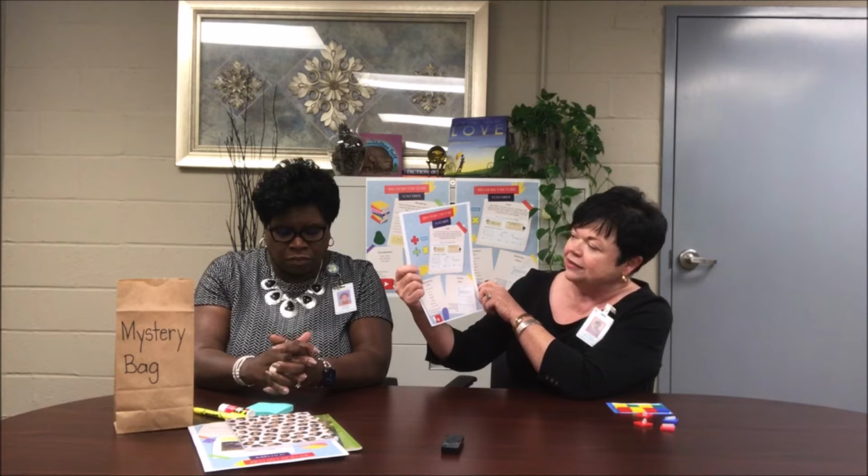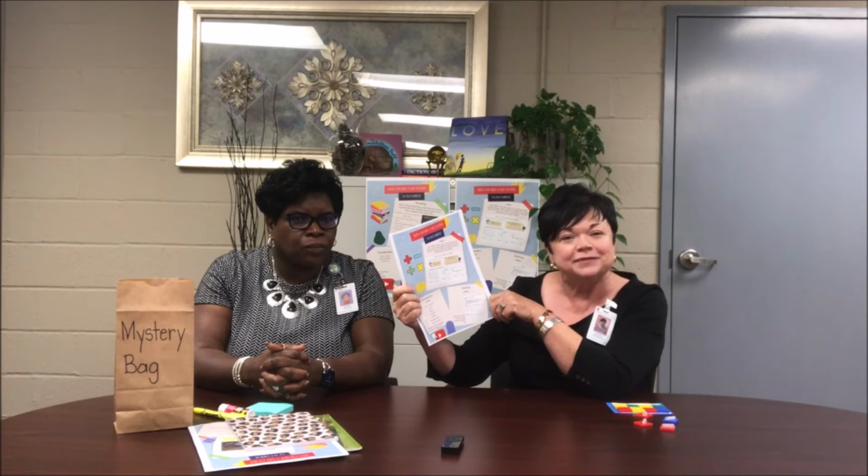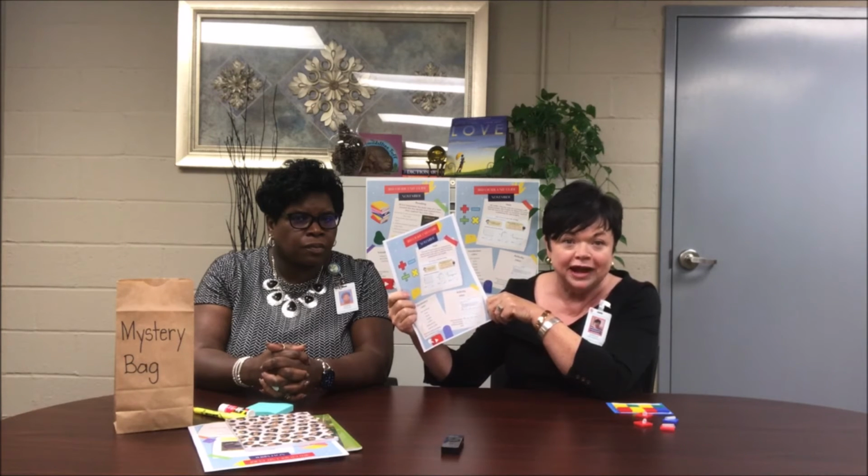And just like reading, you will have a flyer, and there's information. It explains that area is actually the amount of space inside of a 2D shape. And there's lots of area in their real world. And sometimes the best way you can help your child is for you to share with them all the examples of how you have to find area in your day to day life.